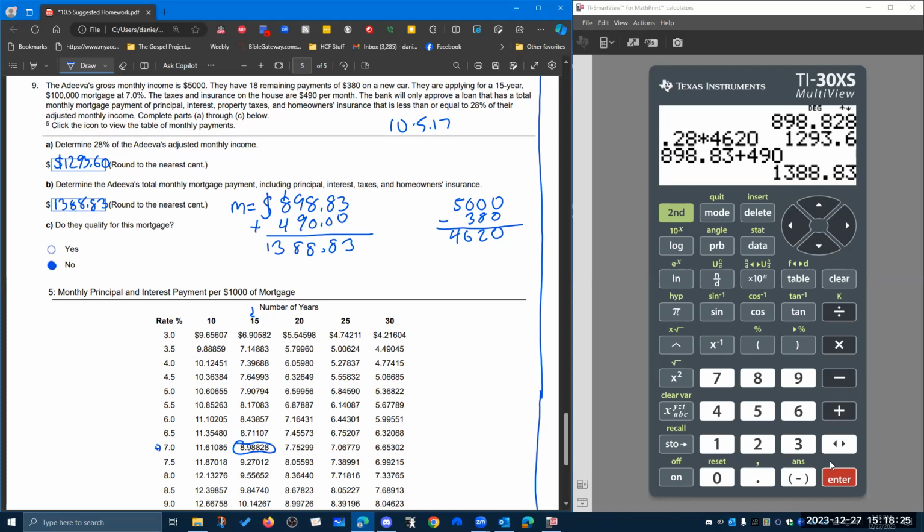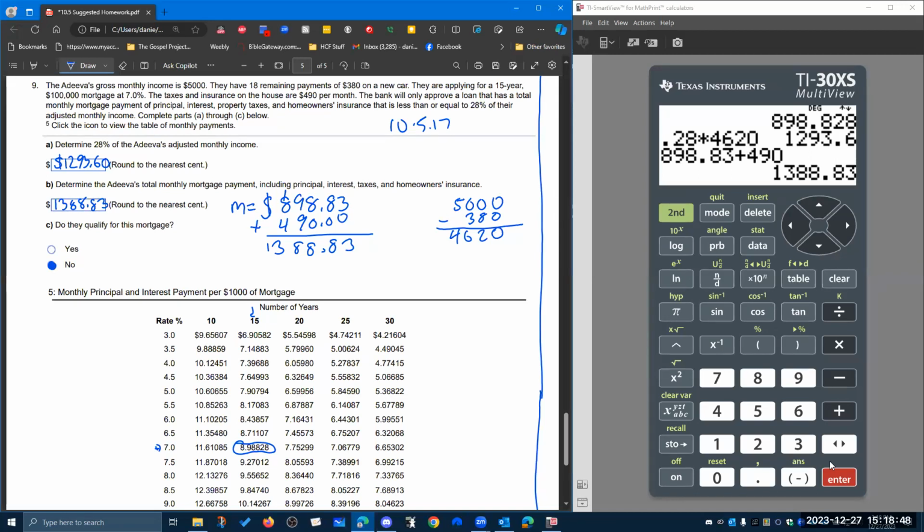because their monthly expenses, the mortgage payment plus the other things to keep the house, the taxes and insurance and such, are greater than 28% of their adjusted monthly income.